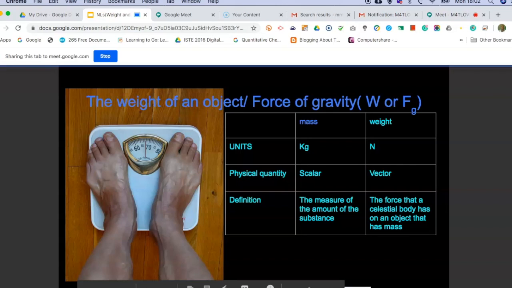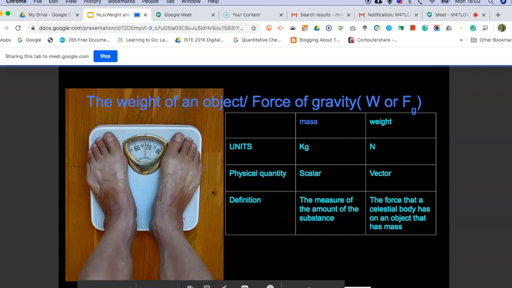While in the case of a force, in our case the weight is a vector quantity, so it will have both the size, the magnitude, and the direction. When you talk of a vector, you must give both the size and the direction. For example, weight is always directed downwards.